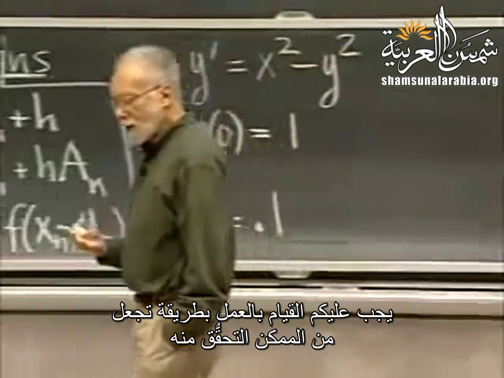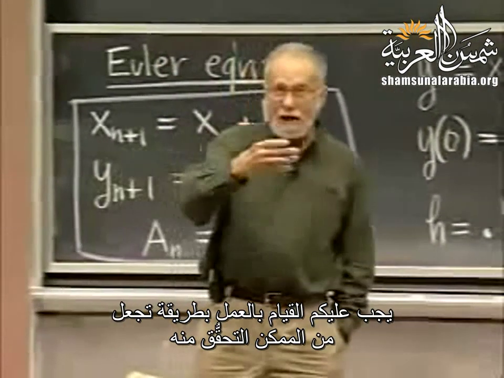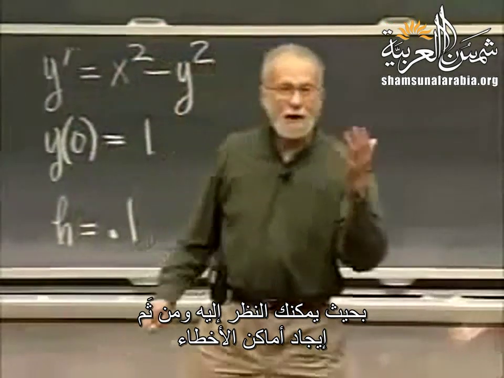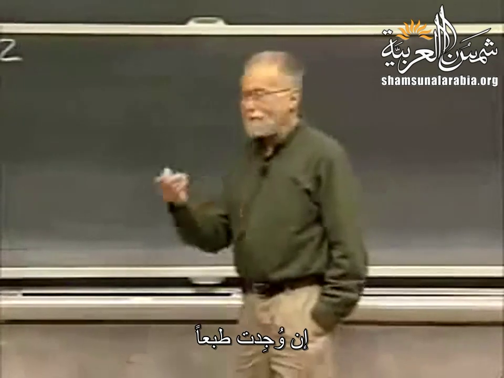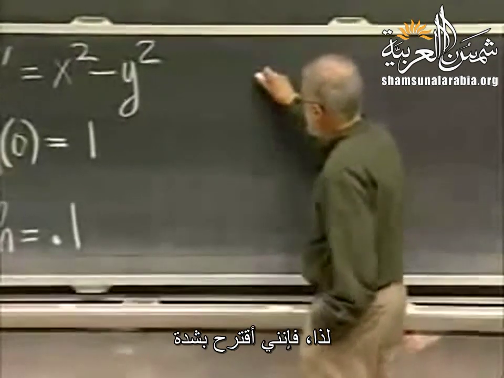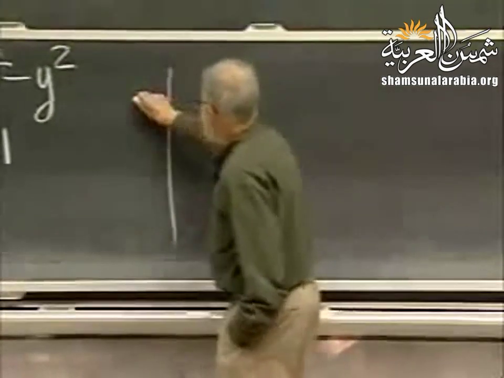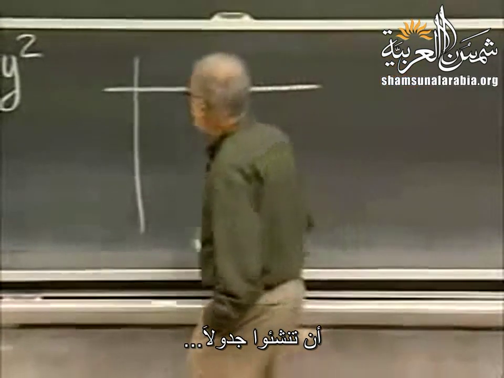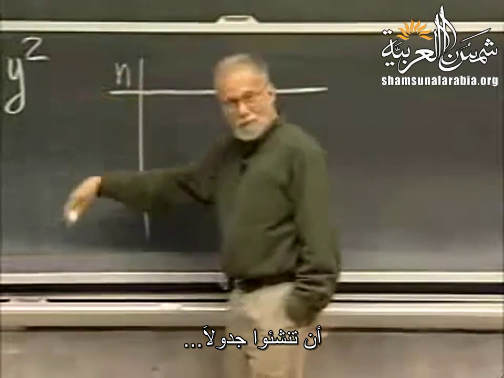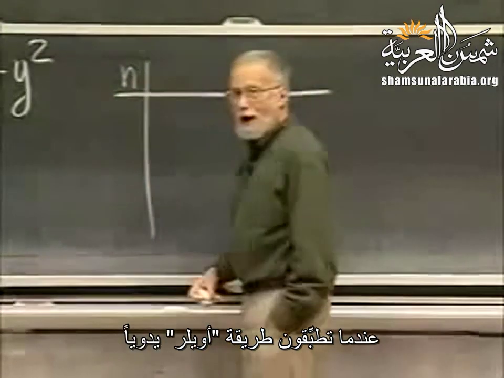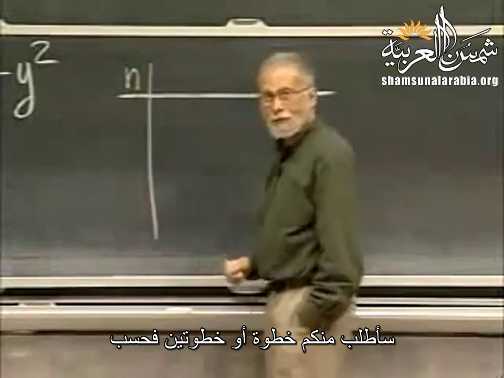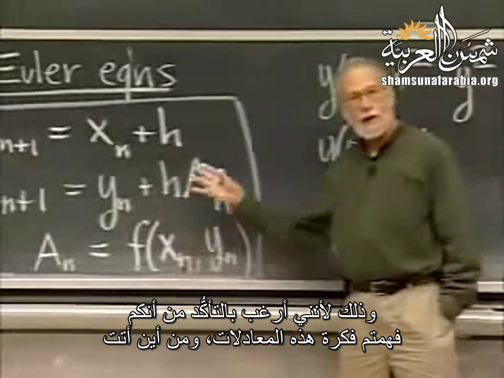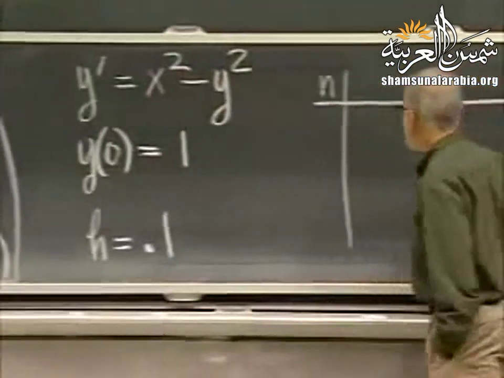You must do the work in a form in which it can be checked, which you can look over and try to see where the mistakes are, if in fact there are any. So I strongly suggest, this is not a suggestion, this is a command, that you make a little table to do Euler's method by hand. I'd only ask you for a step or two, since I'm just trying to make sure you have some idea of these equations and where they come from.